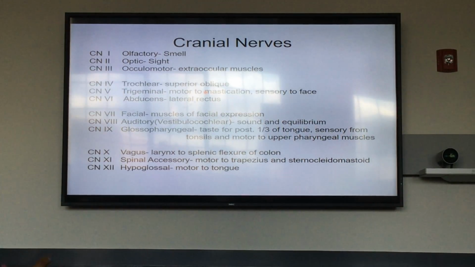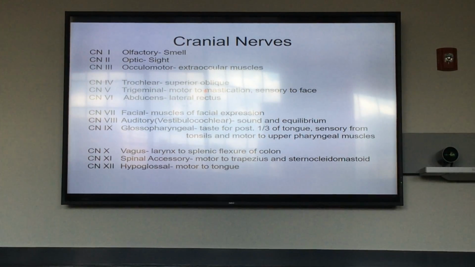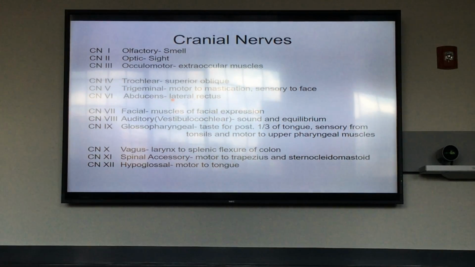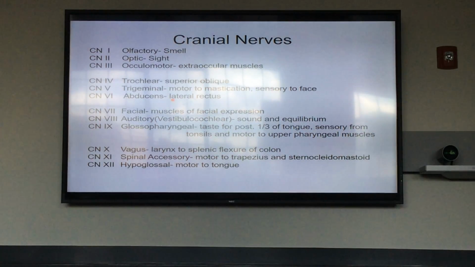Auditory. Okay? The vestibulocochlear nerve, it's sensory. It gives you a sense of balance and where your body is in space, and allows you to hear. The glossopharyngeal nerve is both sensory and motor. It does taste on the posterior one-third of your tongue. And it also supplies some of the pharyngeal muscles that you're going to see inside the neck, specifically the stylopharyngeus.